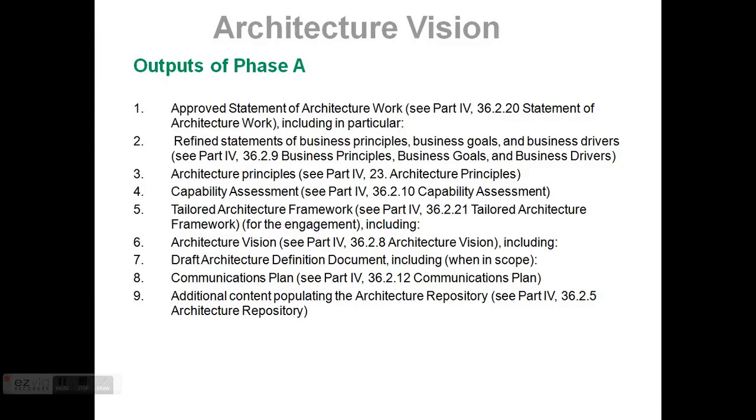So we need the baselines and target for all 4 elements, which is business, technology, data, and application. Output number 8, we need a communications plan. Output number 9 is about the additional content populating the architectural repository. Okay.